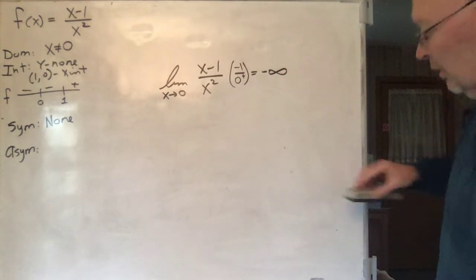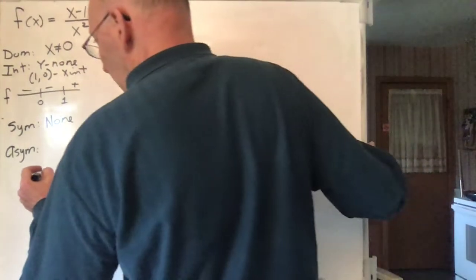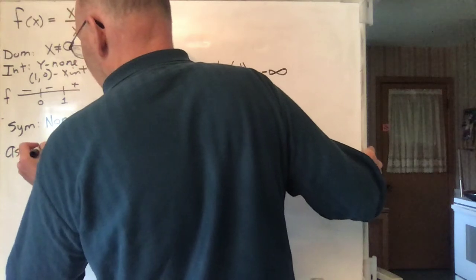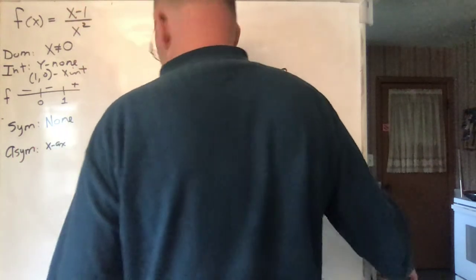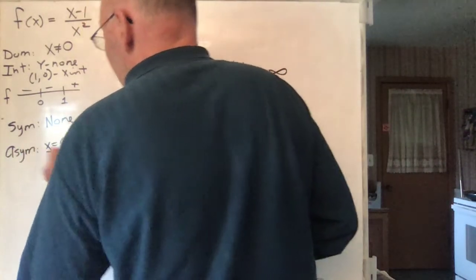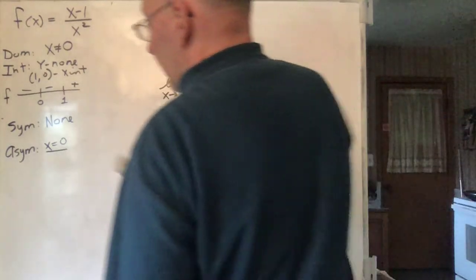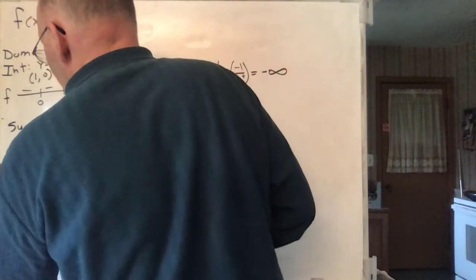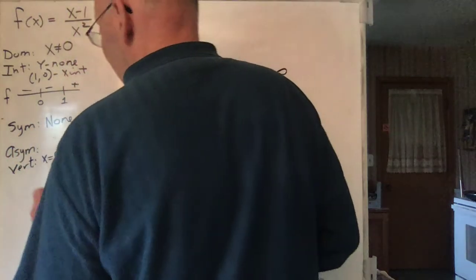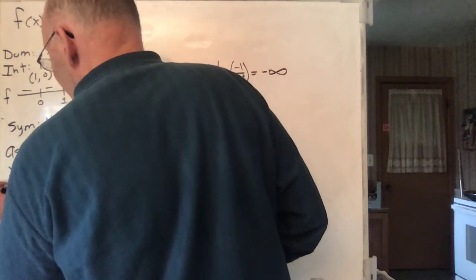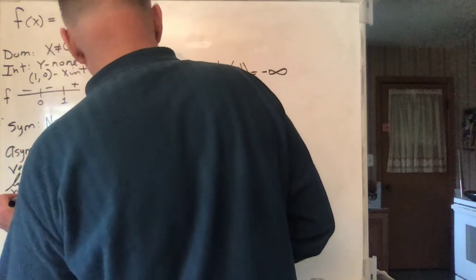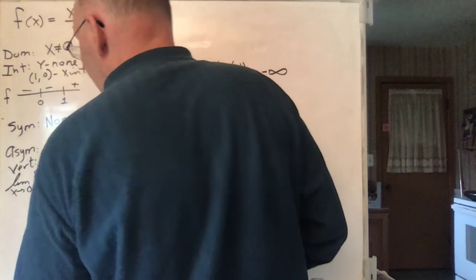So x equals 0 is a vertical asymptote. Let's be more specific and write the limit in there: the limit of f of x as x approaches 0 is equal to -infinity.